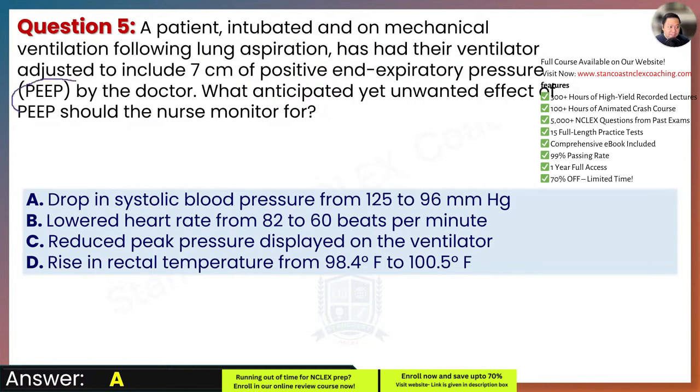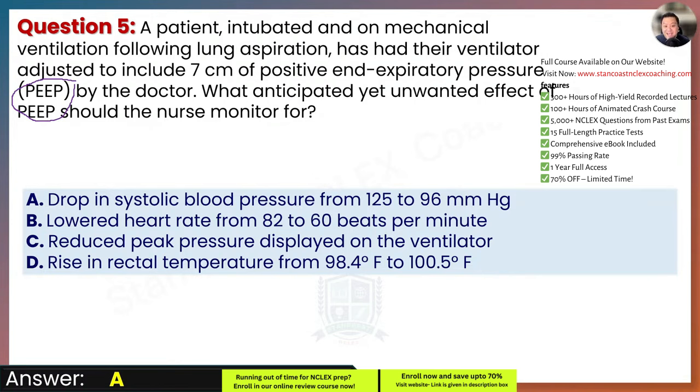All right, pay attention to the term PEEP. Now, why is letter B incorrect? Lowered heart rate from 82 to 60 beats per minute. This is the warning sign. Now, when PEEP reduces the cardiac output, the body usually responds by increasing the heart rate.